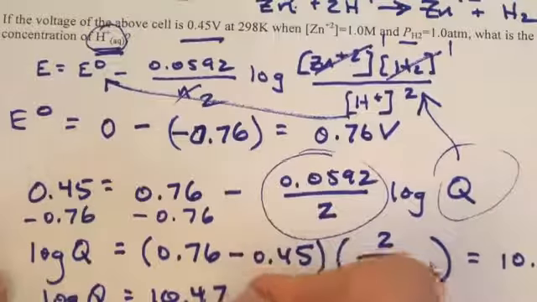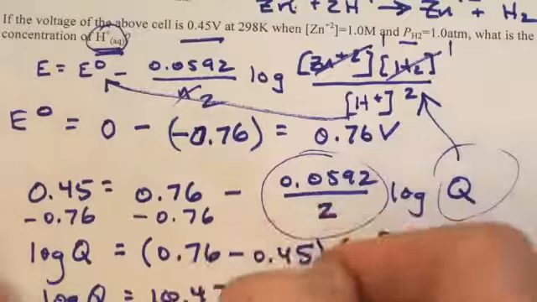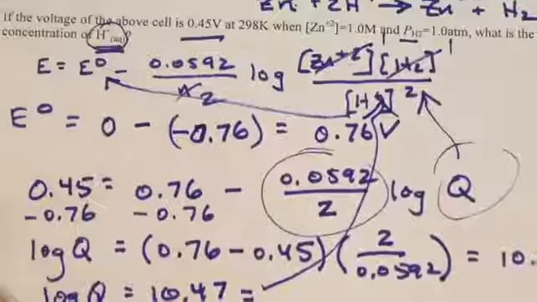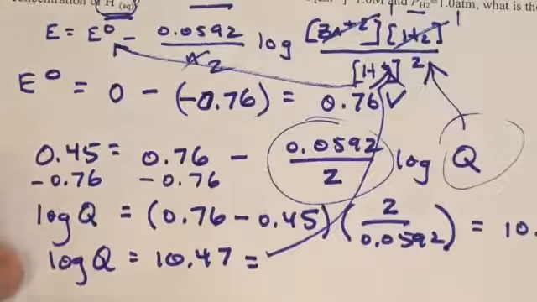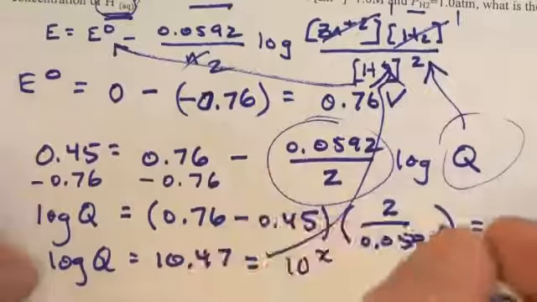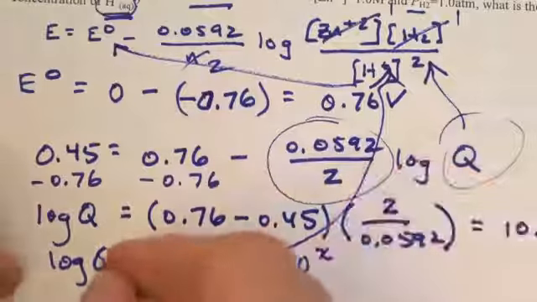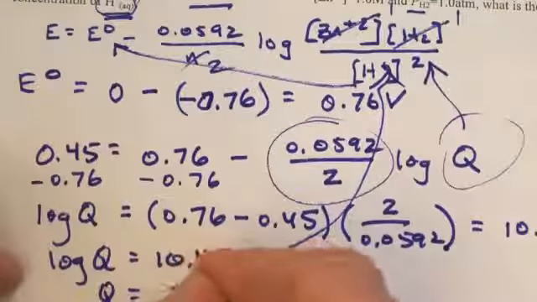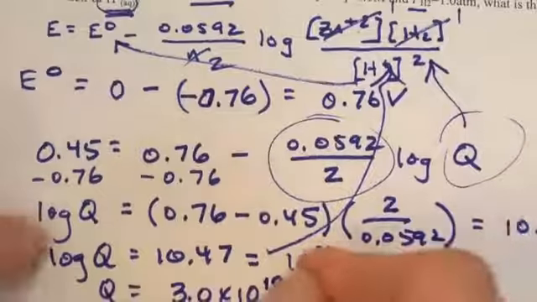Q, remember, is equal to this stuff up here. But first we've got to get the regular log out of the way. So we're going to raise this using the 10 to the x key on our calculator and putting in 10.47. And when you raise that to the power, then Q ends up equaling approximately 3 times 10 to the 10th. Really nice big number.